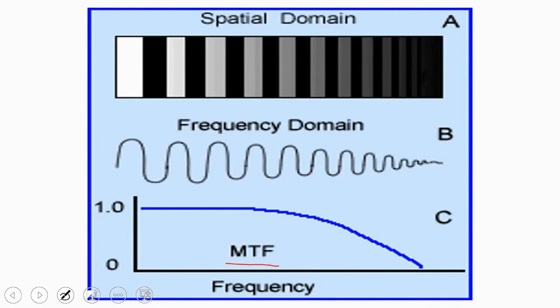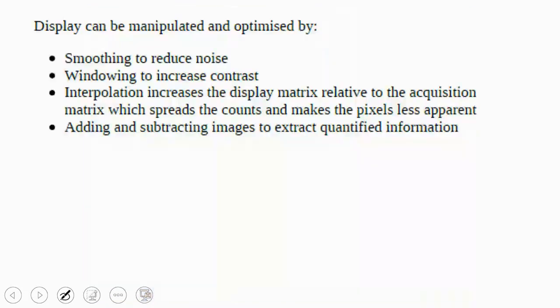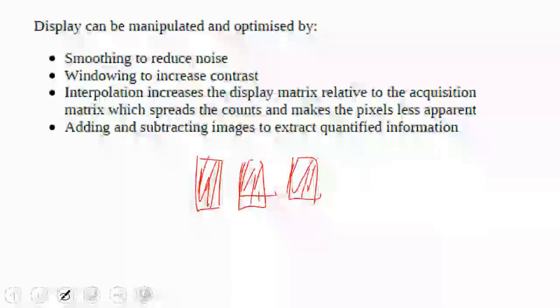What does this mean? For example, if you remember from the line pairs lectures, we used to say that if I have a line pair in this shape, line pairs mean that there is a line and next to it there is a space.